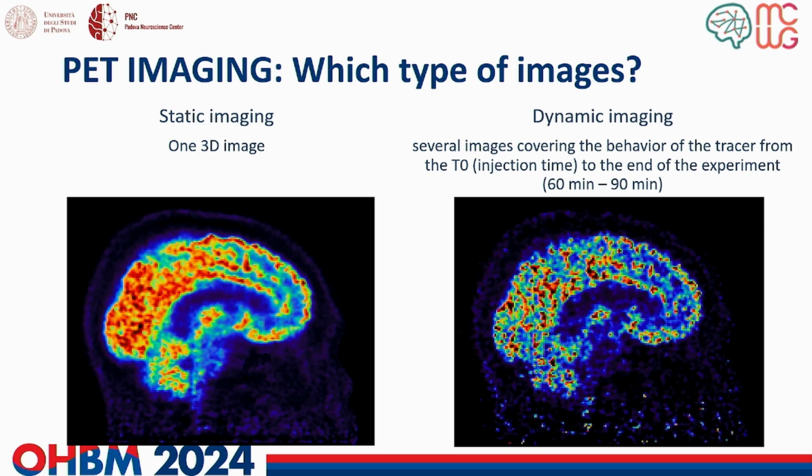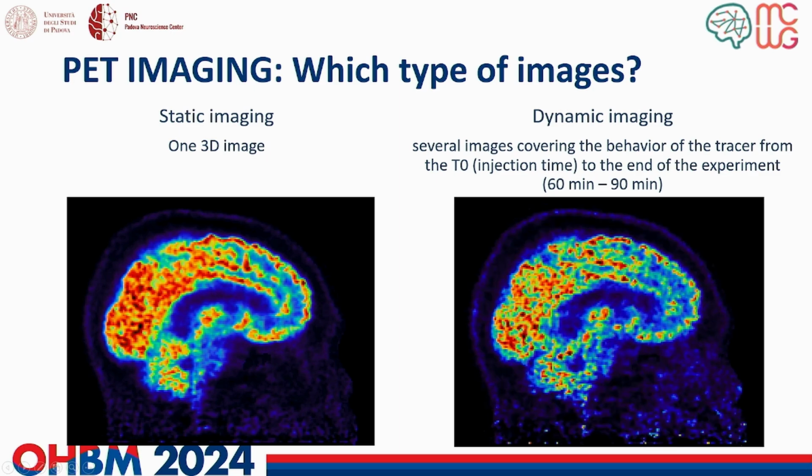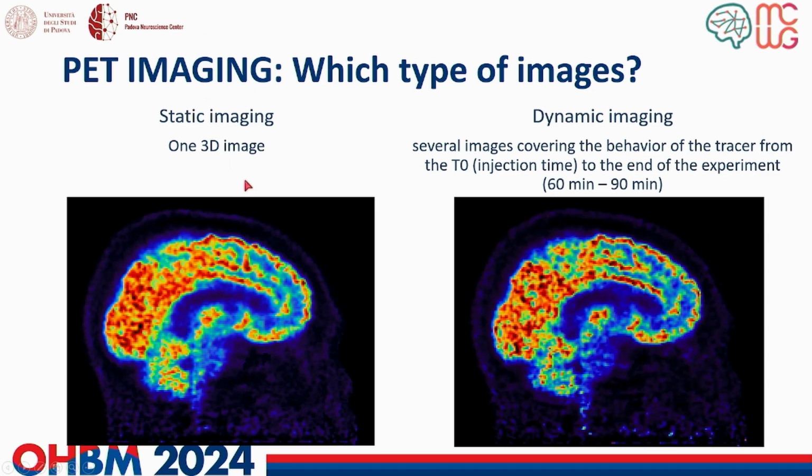Which is the best of the several frames that we have seen here to translate the kilobecquerel per millimeter into physiological information? This is the question we always have to ask ourselves when we deal with static compared to dynamic acquisition.